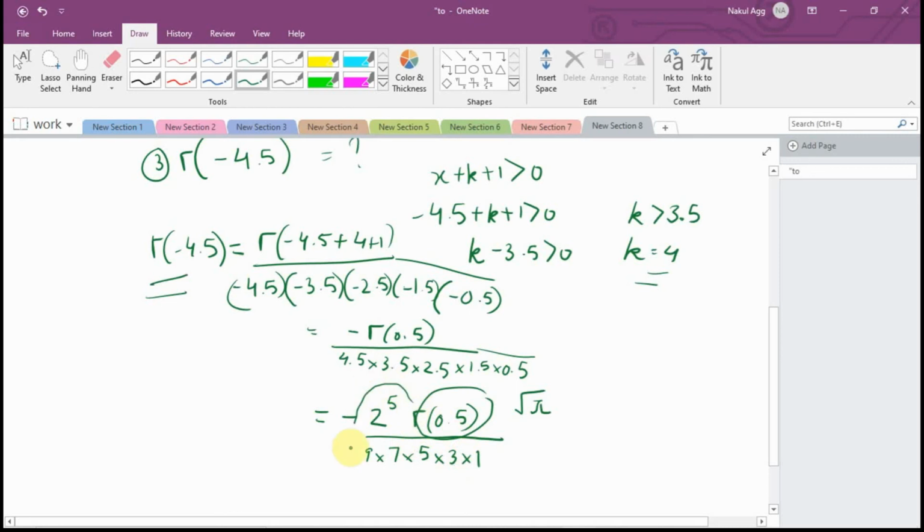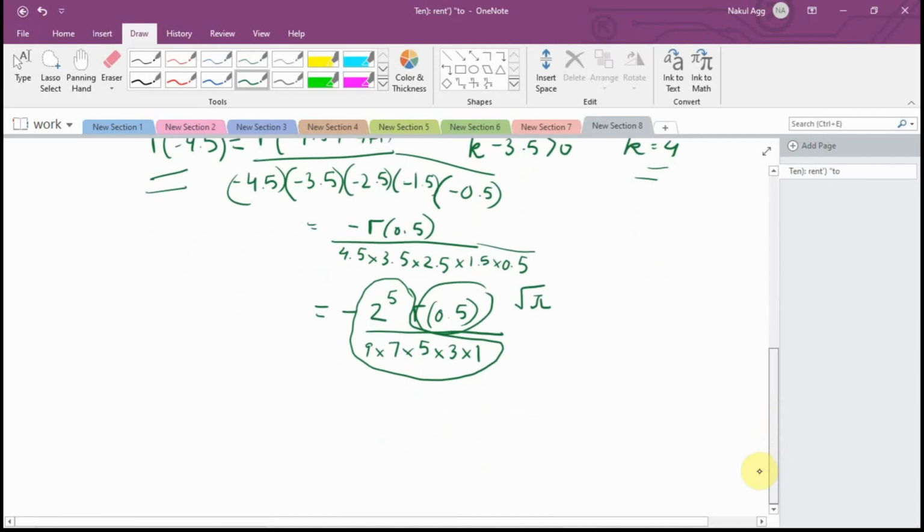The reason I have written this form will be clear when we take a general case in future examples. But if you are unaware how I have written this form, 4.5 is nothing but 45 by 10, which evaluates to 9 by 2, this evaluates to 7 by 2, 5 by 2, 3 by 2 and then 1 by 2.